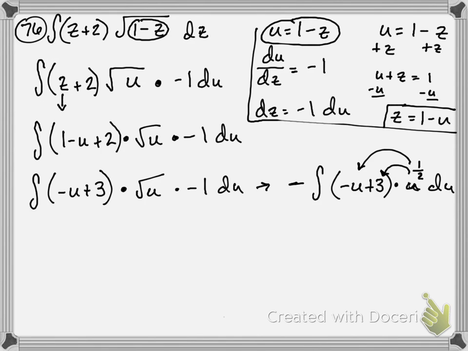to both pieces. So you have u to the first, which is actually 2 over 2, right? So that is going to give you the negative integral of negative u to the 3 over 2, plus 3 u to the 1/2, du.